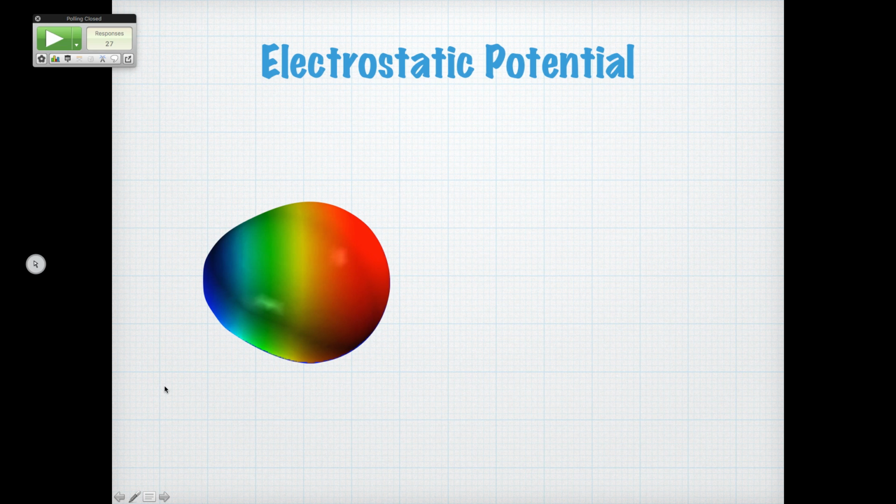We're going to have these diagrams called electrostatic potential diagrams. This is what they look like. They're colored. This is the one for HF, our very polar bond from the other slide. You'll see that the red side is high electron density and the blue is low.